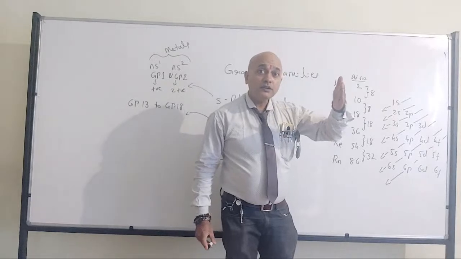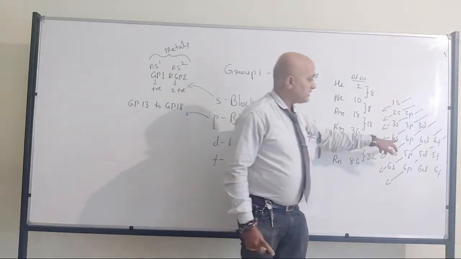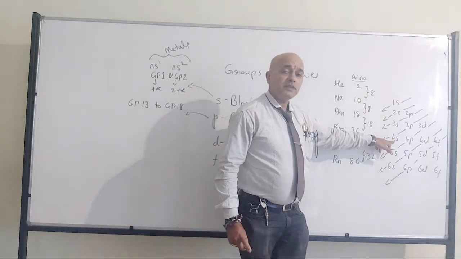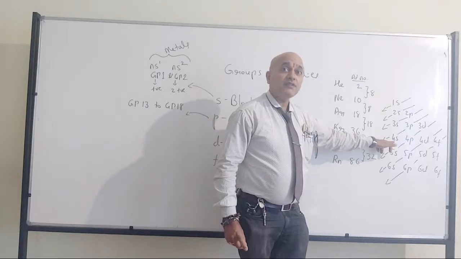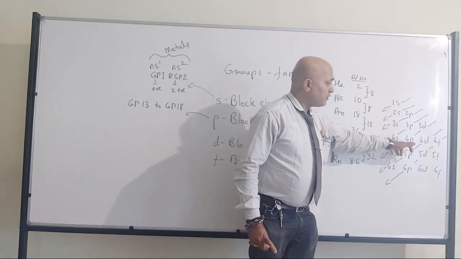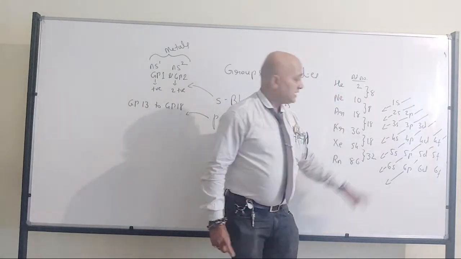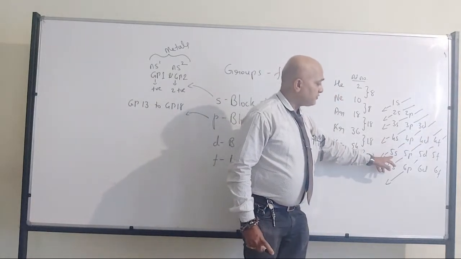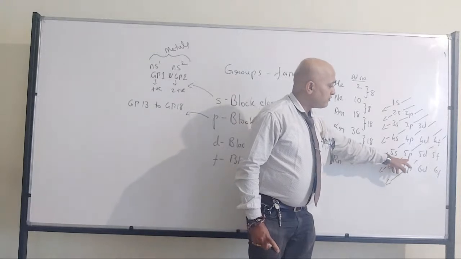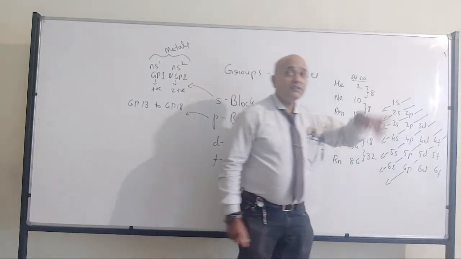But when you come to the 4th period, energy level 4, before filling of 4p, 3d will come. Then in the 5th period, 5s, before filling of 5p, 4d will come.